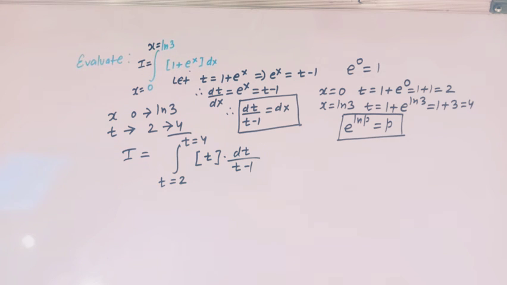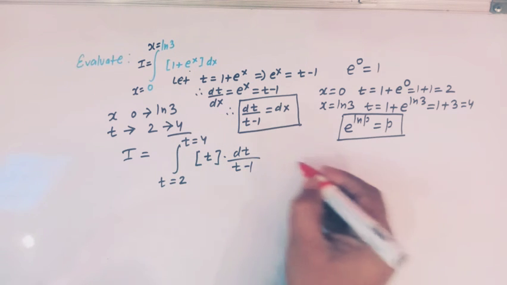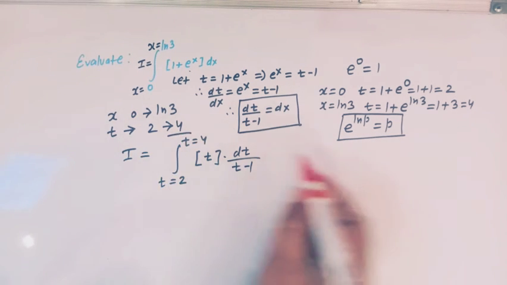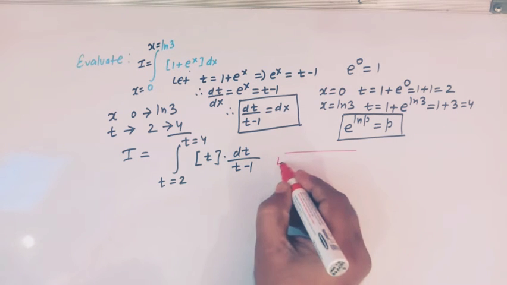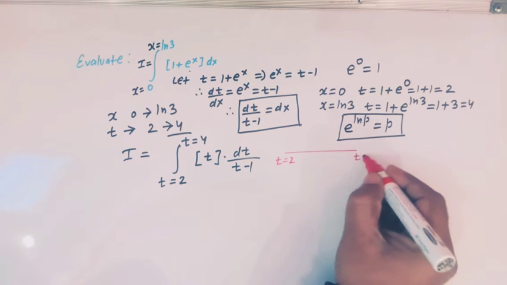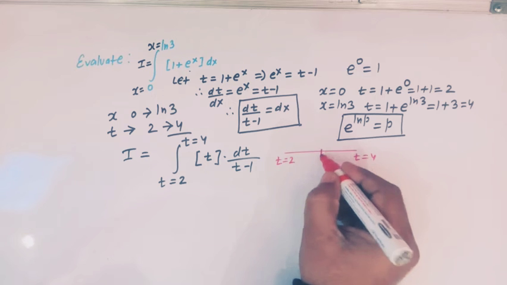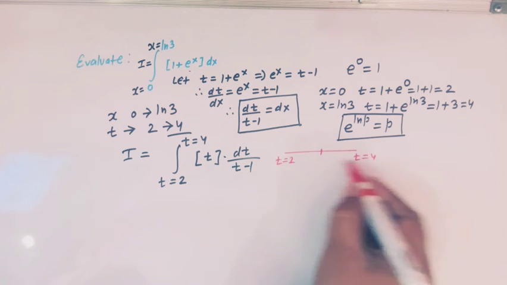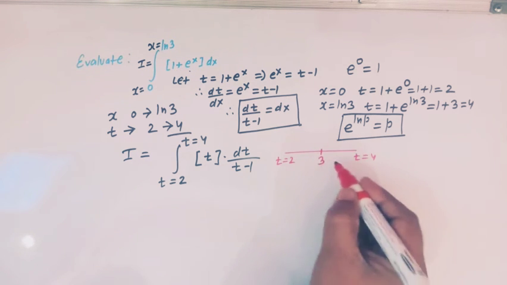Now we can make use of the definition of the greatest integer function. See here, t varies from 2 to 4, so this is t equal to 2 and this is t equal to 4, and in between 2 and 4 we have the integer 3.